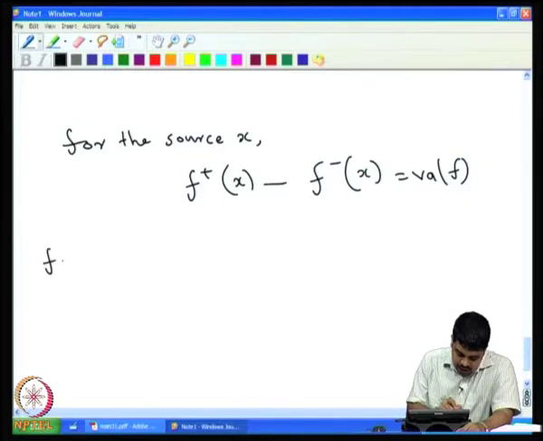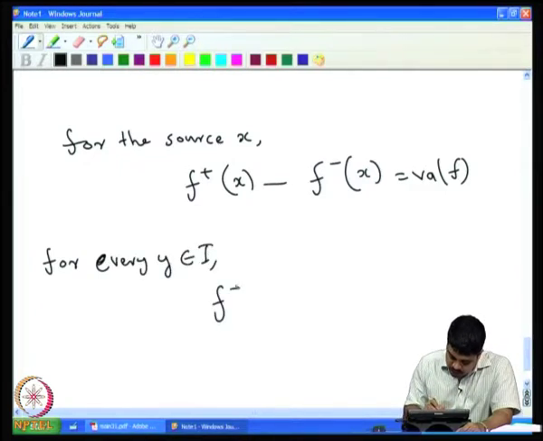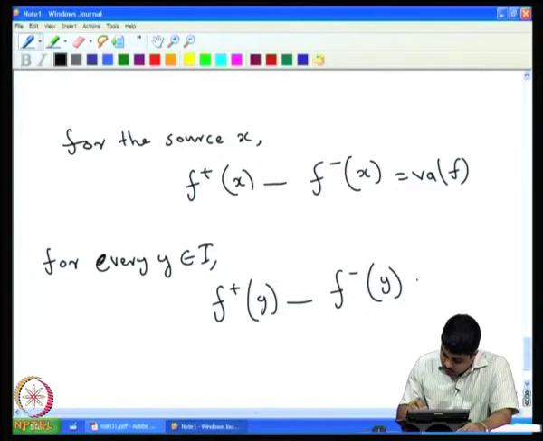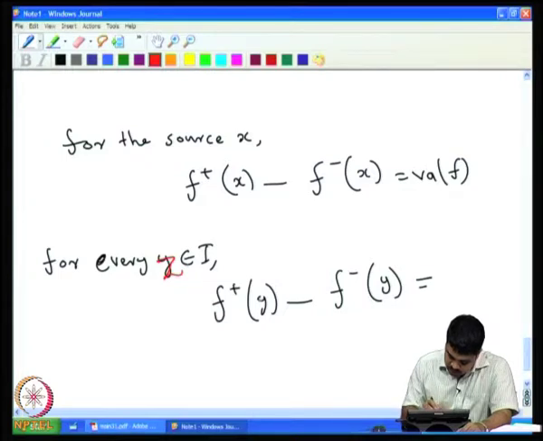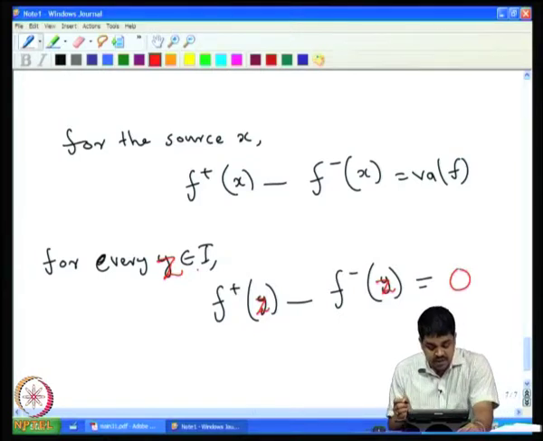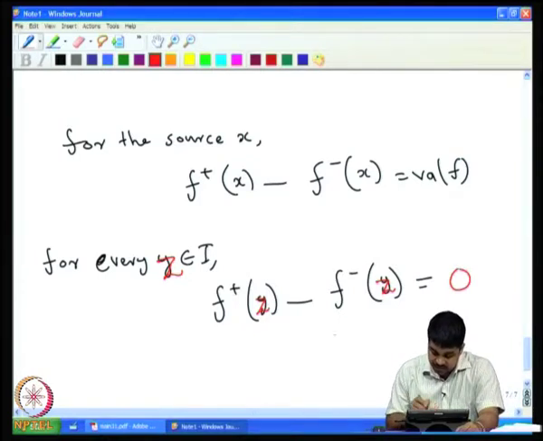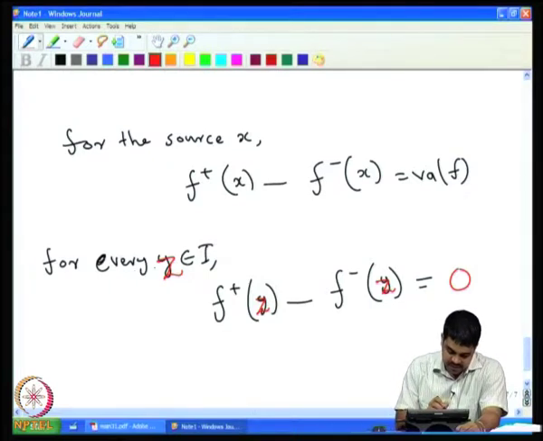And then for every z element of I, say f z is equal to 0. Why? Because this is an intermediate node, and by definition of the flow, this condition should be met. This is the conservation constraint. And we do not have y in this collection, the sink is not there.